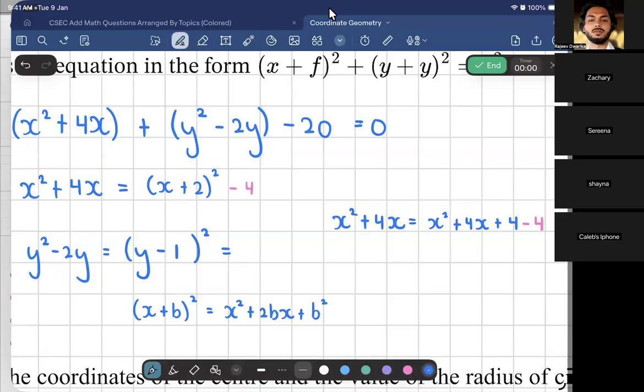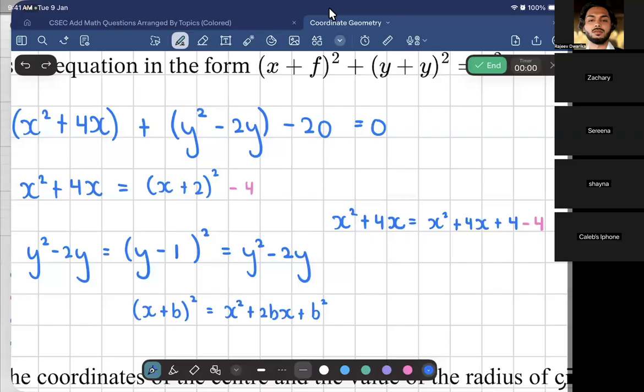If you expand that out, you are going to get y squared, minus 2y. Then remember it's b squared.